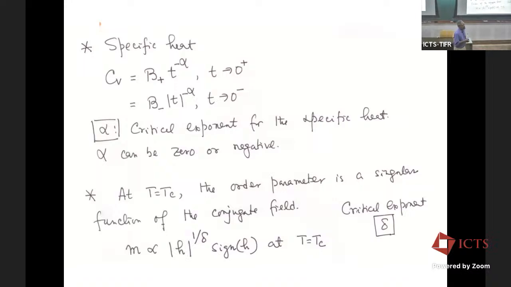One is often interested in the values of these critical exponents because they define what is known as the universality class of the continuous transition. I have about 5 more minutes, so let me go to that. I hope this is not too hurried, but the important thing to remember is that if you have a continuous phase transition, then one has various singular behavior of thermodynamic quantities in the vicinity of that transition.